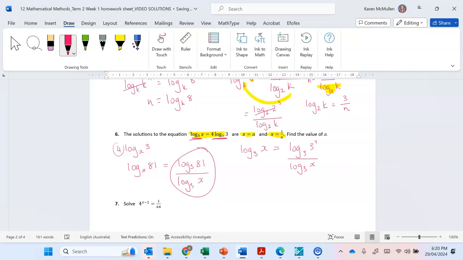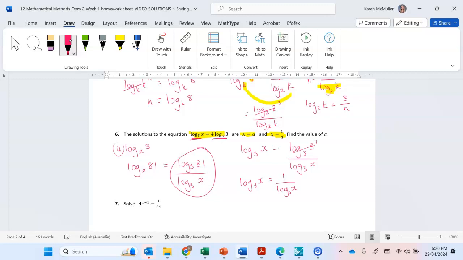I'm just thinking where to go so they cancel. And we're left with 1 over log base 3 of x.